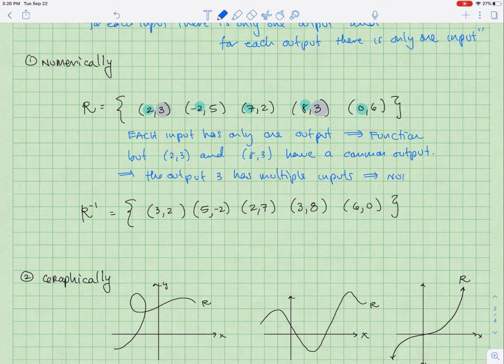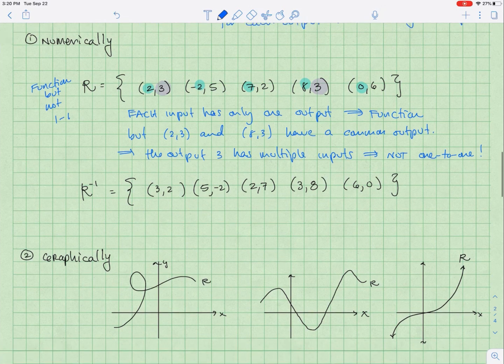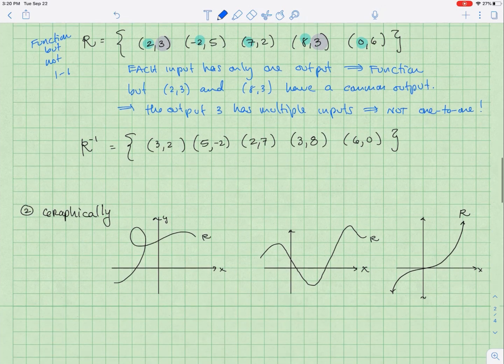So this is not one-to-one. So this is a function, but not 1-1, one-to-one.